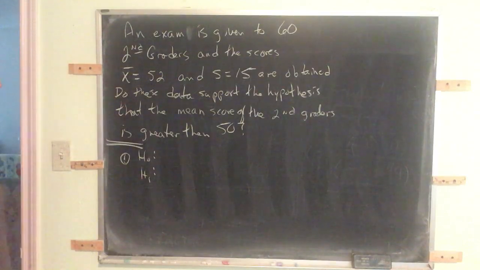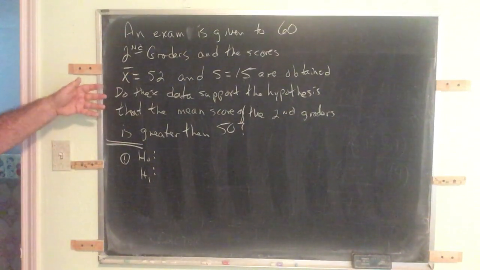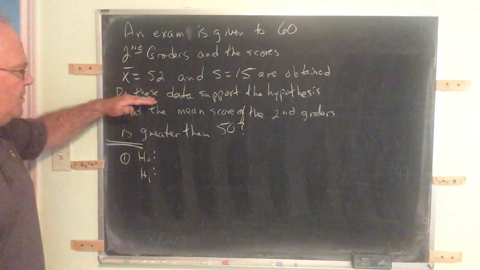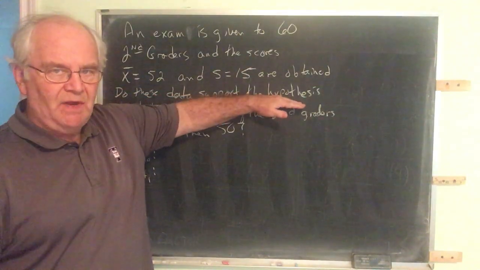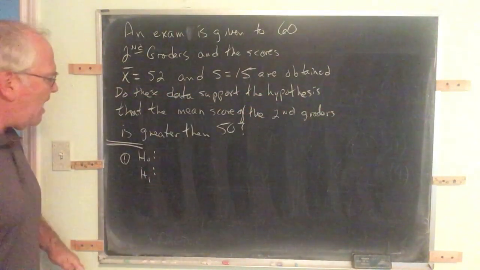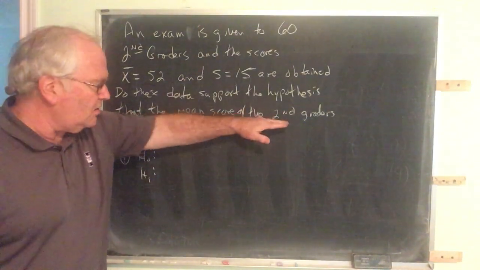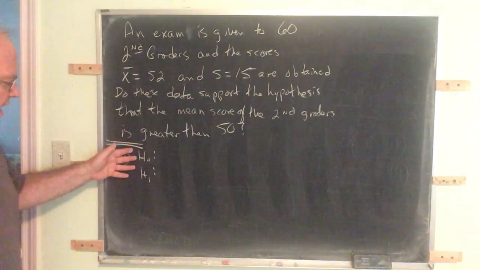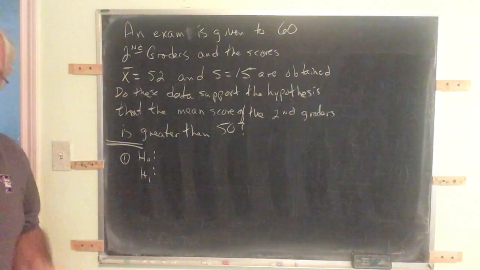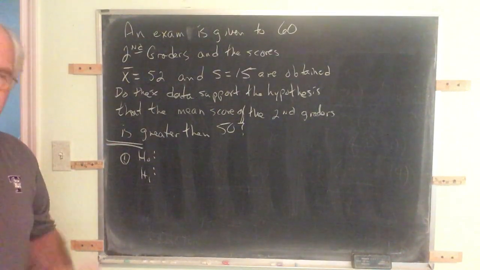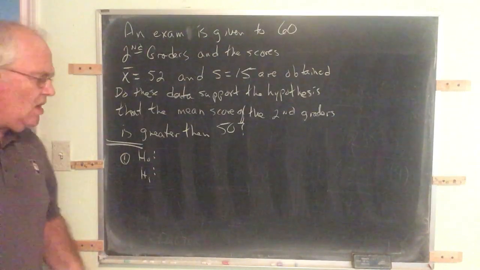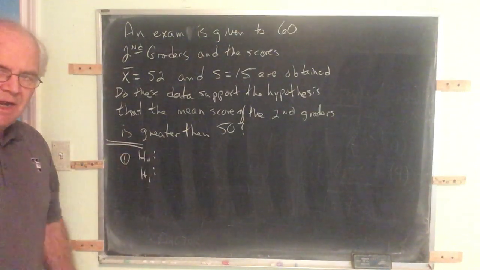this problem is stated from the perspective of the alternate hypothesis. And I think that's what we have here. So it's just read it and write it. Do these data support the hypothesis that the mean of the second graders. Now, in the hypotheses, never ever put X bar in a hypothesis.